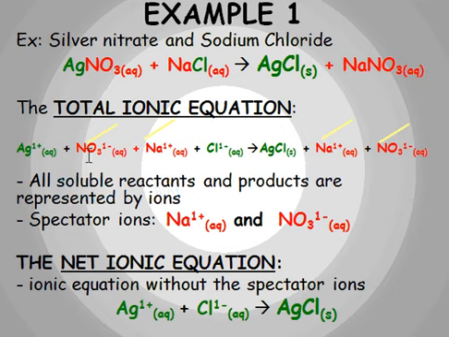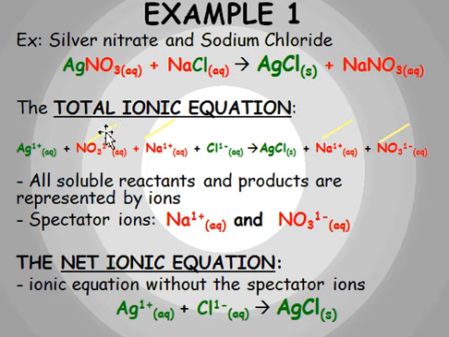A nitrate ion is a 1 negative charge. Then we have sodium, Na positive, and chlorine, Cl negative. The solid, the precipitate, stays as a precipitate. And then you have sodium, 1 positive, and nitrate, 1 negative.